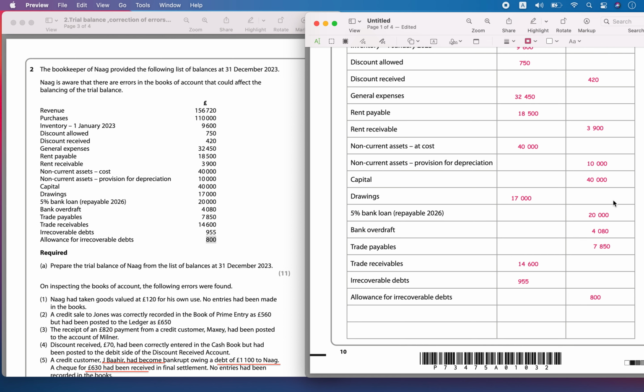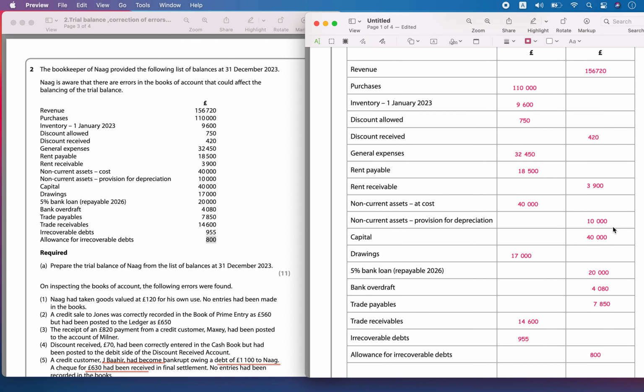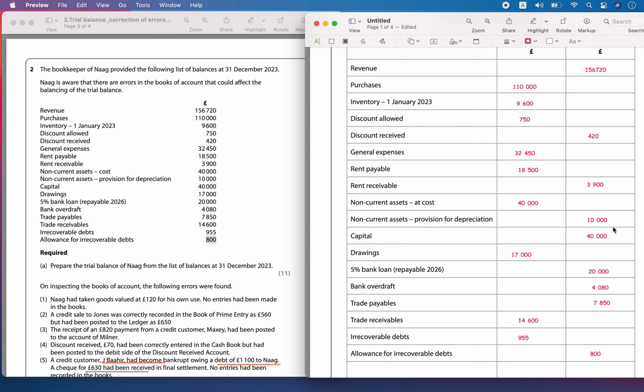Okay, now let's add up all of these values. So the value is going to be equal to 156720 plus 420 plus 3900 plus 10,000 plus 40,000 plus 20,000 plus 4080 plus 7850 plus 800.